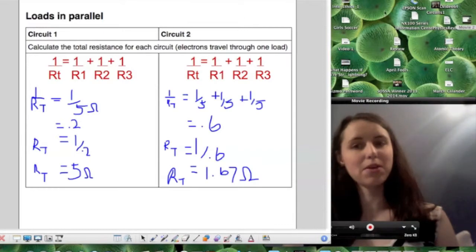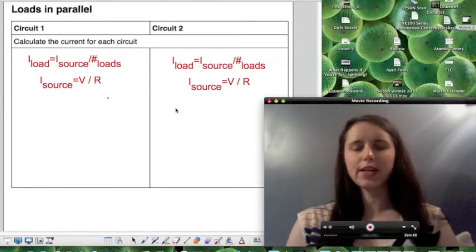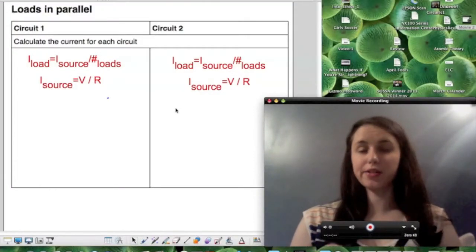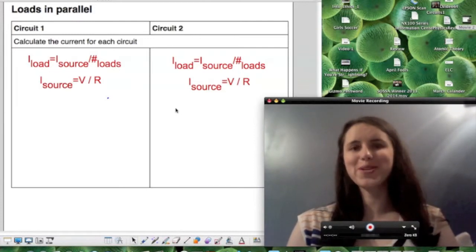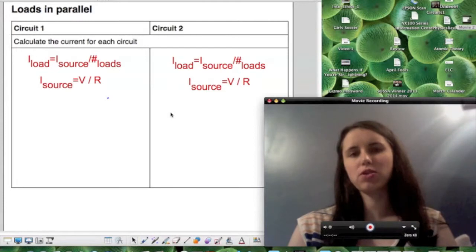Coming up next is going to be current. All right, so next up we have current, right? If we remember from Thursday, I had that wonderful computer simulation, and we should remember, hopefully, that in parallel circuits, current splits between each branch, right?